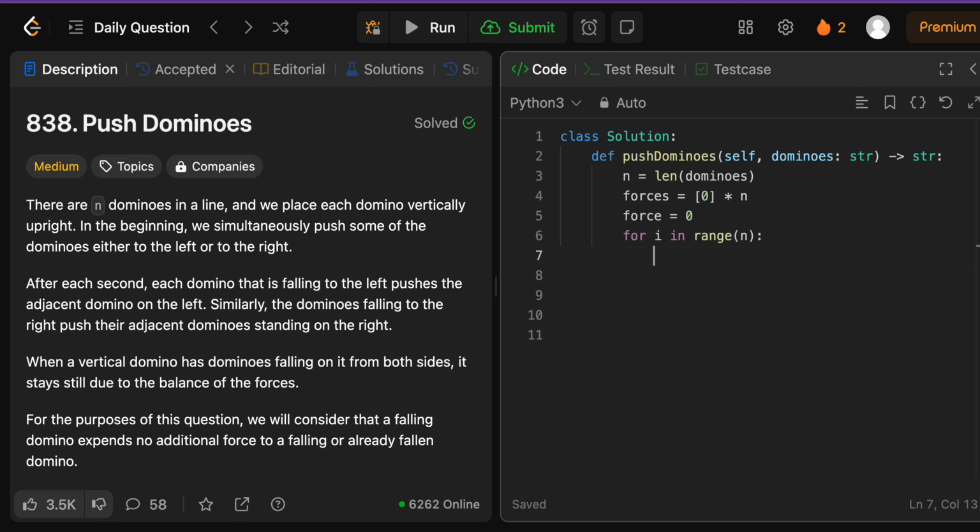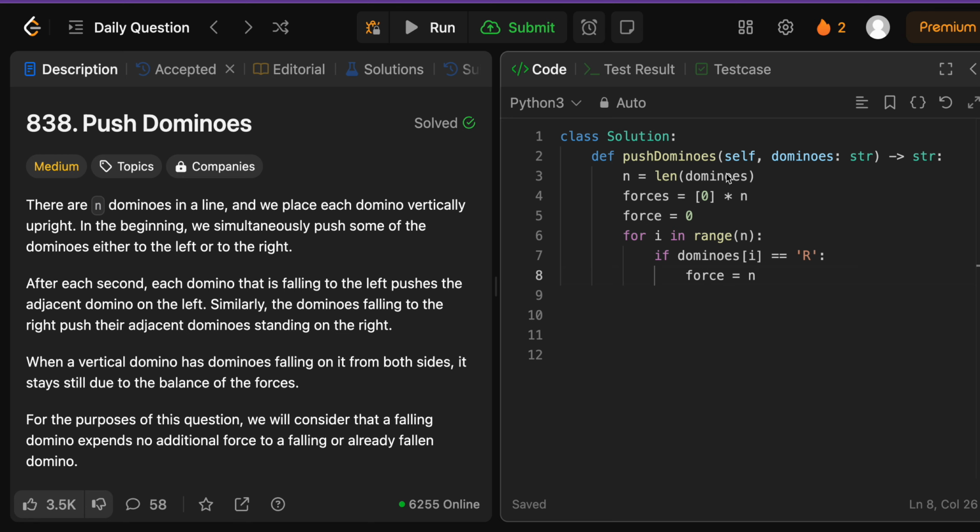So if dominoes at the current index i is equal to the string R, that means it has a rightward force, it's falling to the right. And if that's the case, we want to update force to be this n value. And this n value is basically guaranteeing that the force is enough to reach any domino unless it's actually blocked.